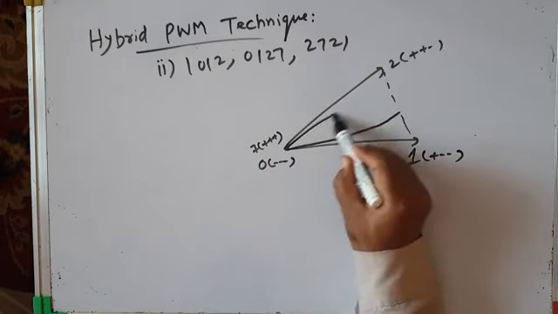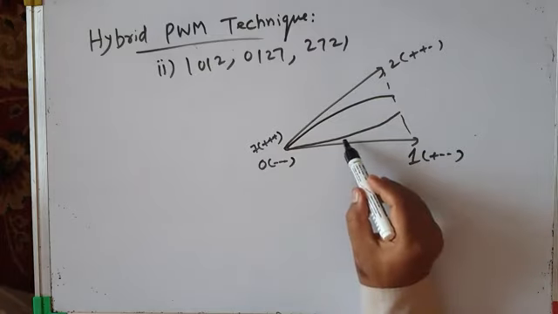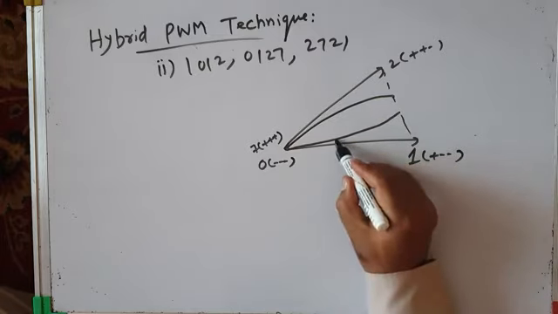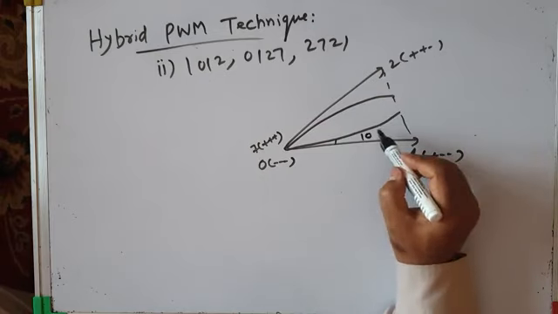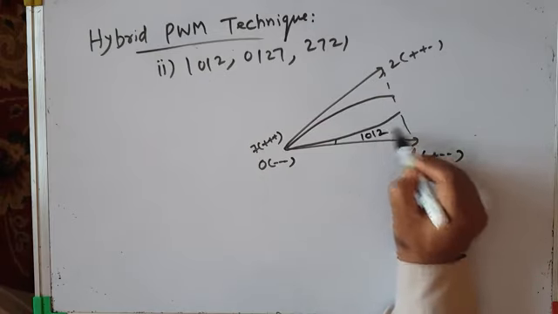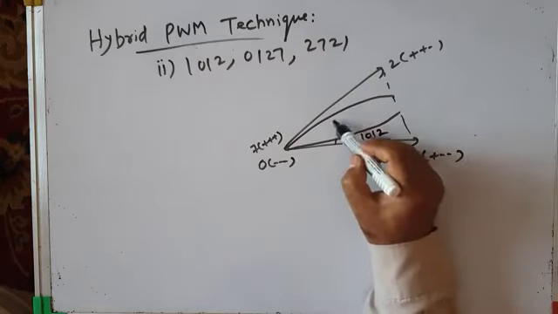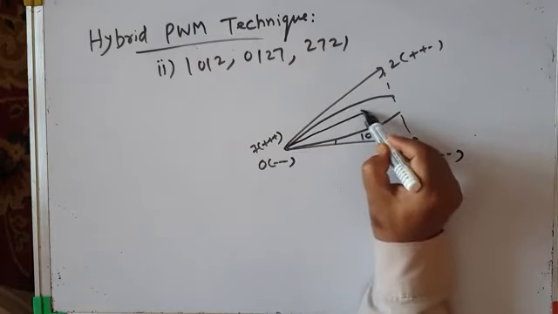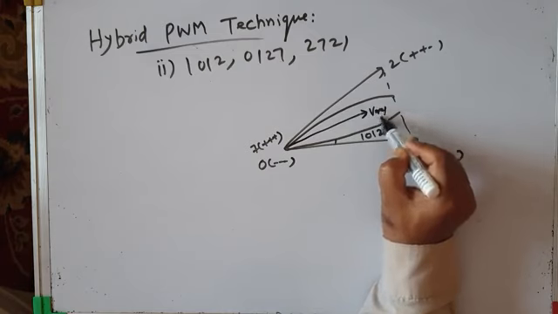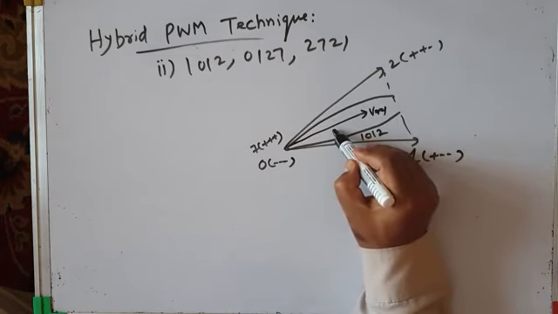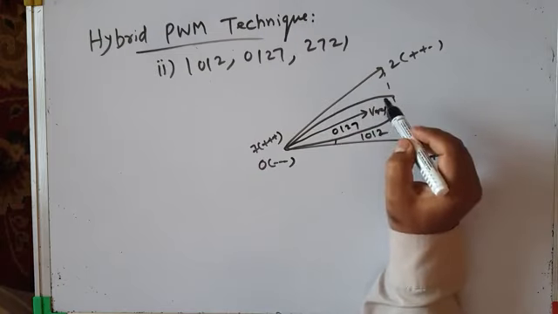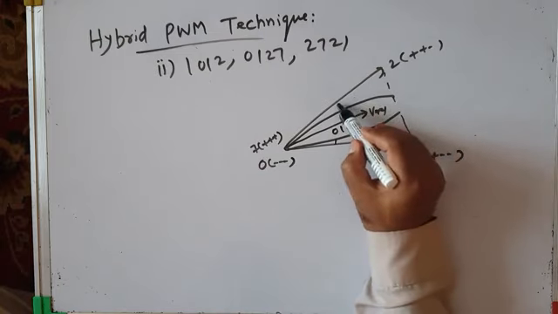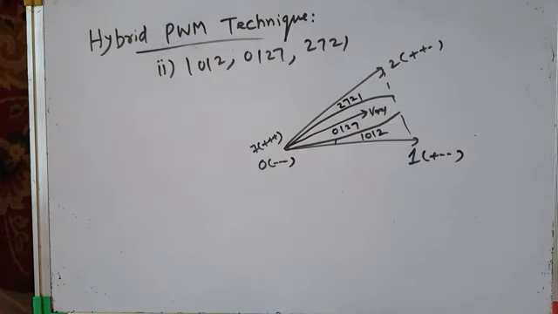So this is the range. That means if your reference vector is within this range of alpha, then use the double switching clamping sequence, or advanced bus clamping sequence, 1012. For the medium range of alpha, if your reference vector VREF is within this medium range, use the conventional space vector based switching sequence 0127. And for high values of alpha, use the advanced bus clamping sequence 2721.